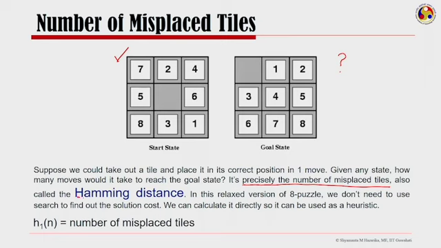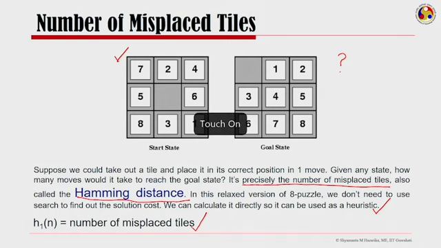This is also called the Hamming distance. In this relaxed version of the 8 puzzle, we do not need to search to find a solution. We can calculate it directly, so it can be used as a heuristic. This heuristic is called the number of misplaced tiles. Let us call it H sub 1.